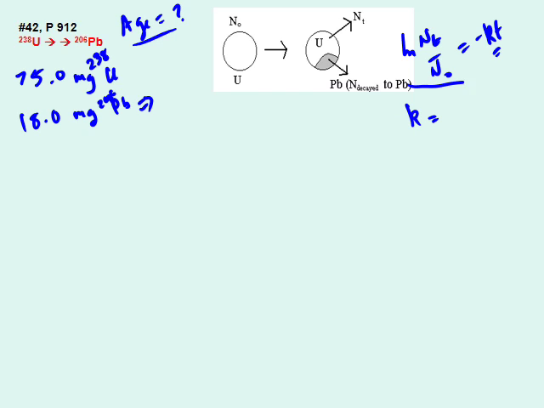So k is given by 0.693 over half-life. That's given by 0.693 over 4.5 times 10 to the power 9 year.